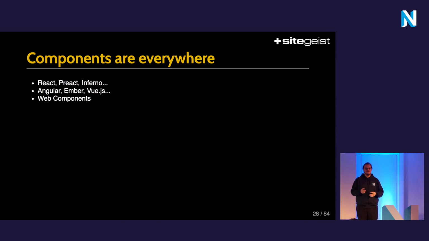So components are becoming a native concept in the web. There's no way to get around it. But it's also kind of buzzwordy. It's not very clear what components actually are, and they can mean different things in different contexts. So I want to give you an idea what we mean when we say component.